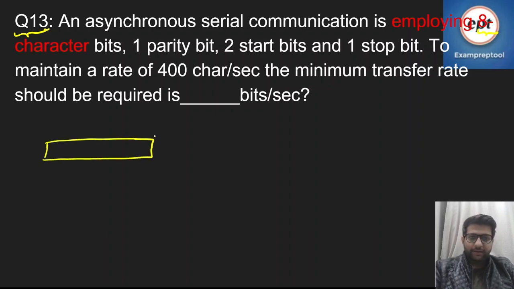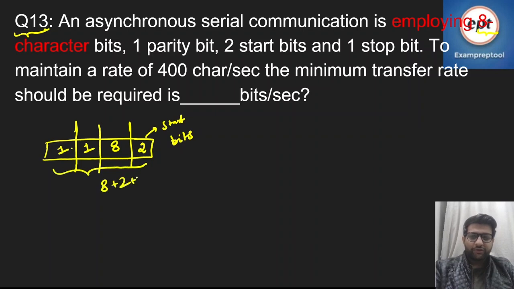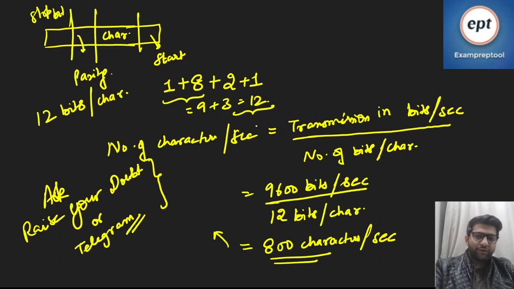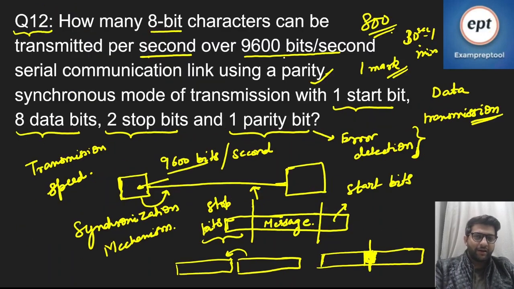there are 2 start bits, then we have 8 character bits, and then 1 parity bit and then 1 stop bit. So the overall size of a message will be 8 plus 2 plus 2, that is 12 bits, to maintain a rate of 400 characters per second. In the previous question, we were given the transmission speed in bits per second.